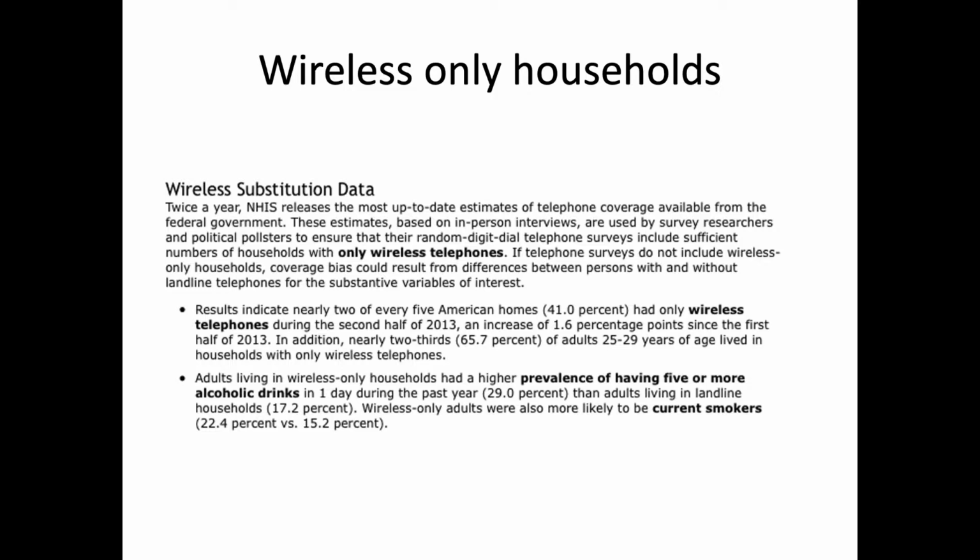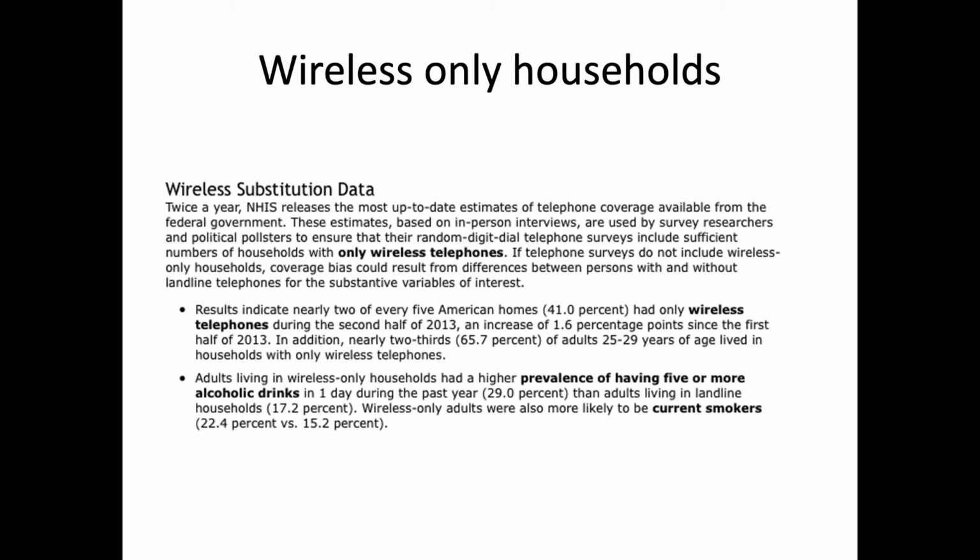So as an example of how data might be different, adults living in wireless-only households had a higher prevalence of having 5 or more alcoholic drinks per day than adults in a landline-only household. And wireless-only adults are more likely to be current smokers.